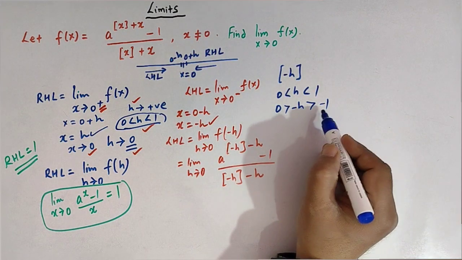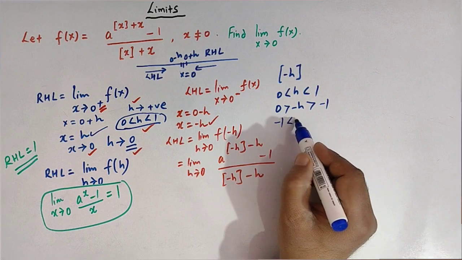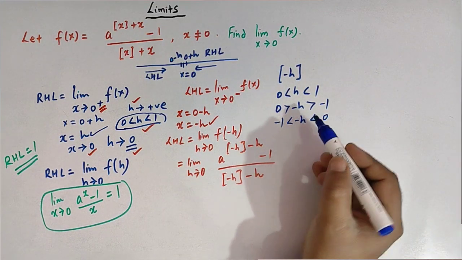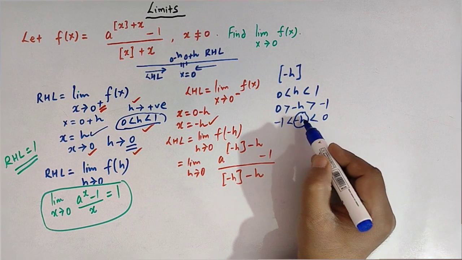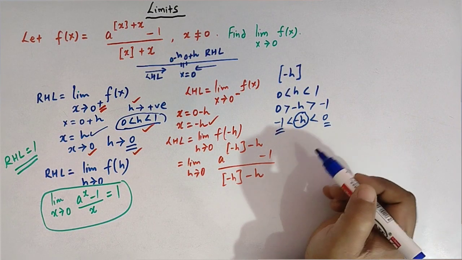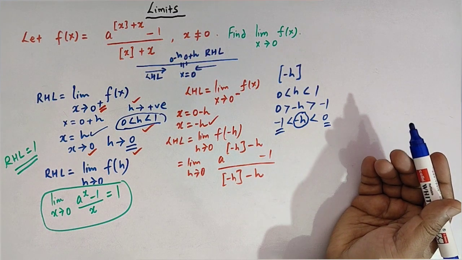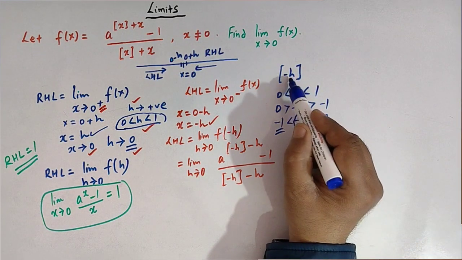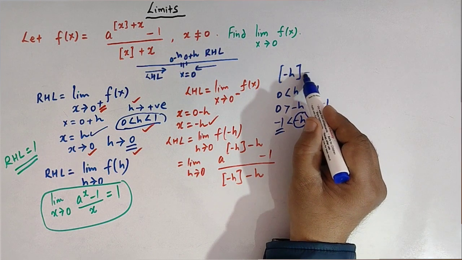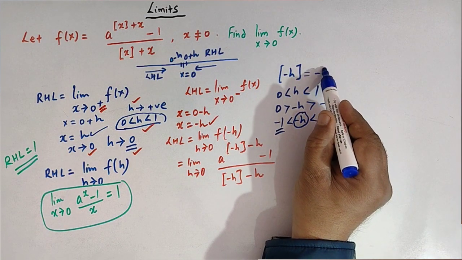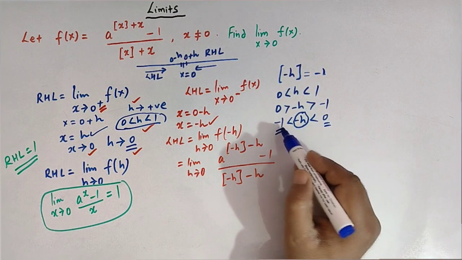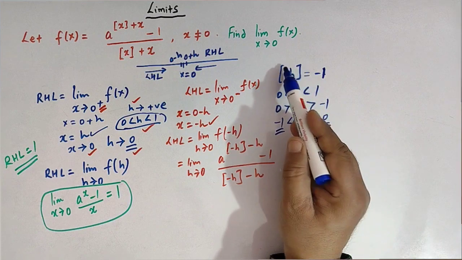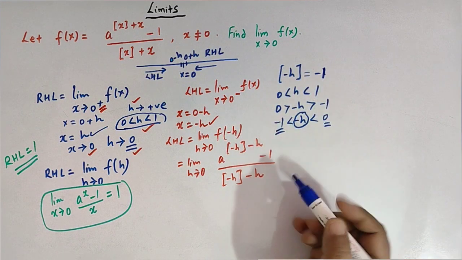So we can rewrite this inequality as minus 1 less than minus h less than 0, right? So we see that this negative h lies between -1 and 0. So from the definition of the greatest integer function, the value of greatest integer of minus h must be equal to -1, because minus h lies between -1 and 0, right? So greatest integer of minus h is -1.